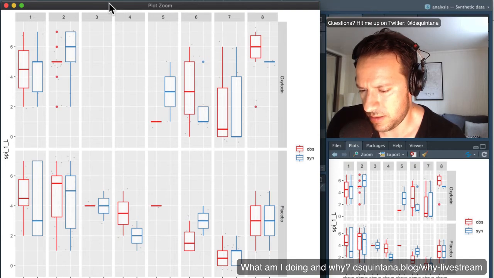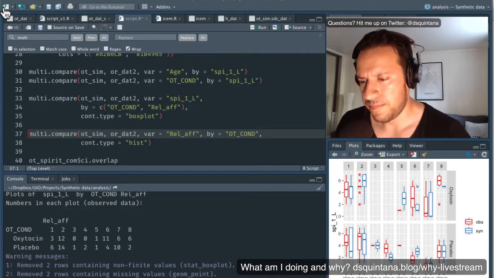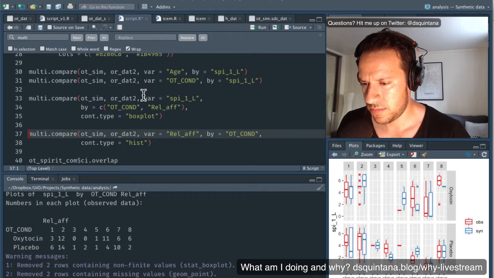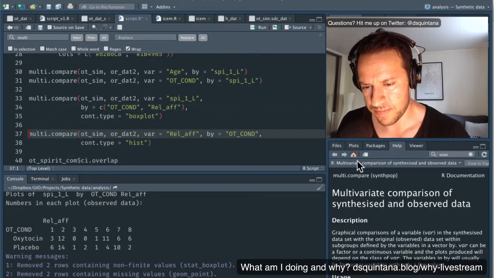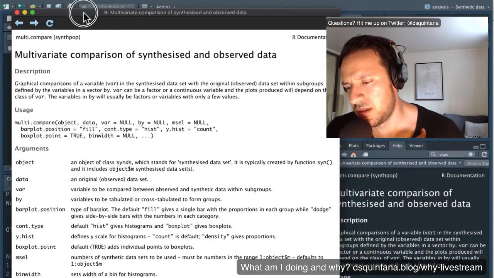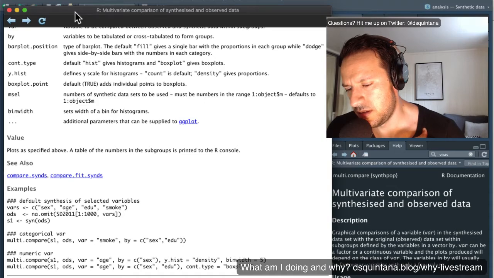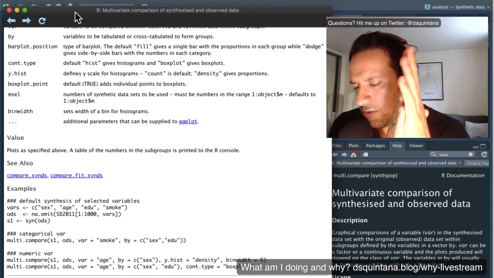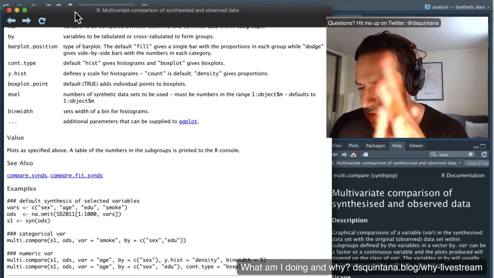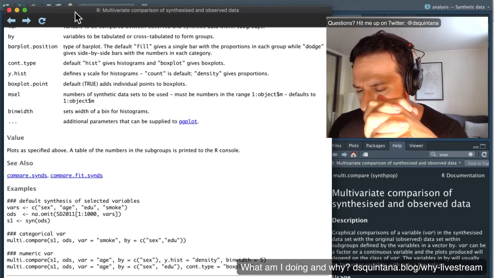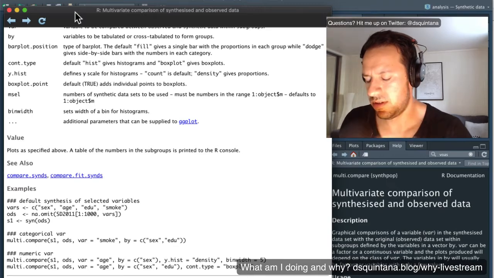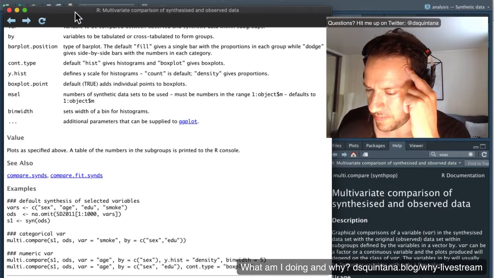That is also not very informative. Okay. Go back to the documentation. So it only seems to work when the by is categorical, some sort of categorical variables.